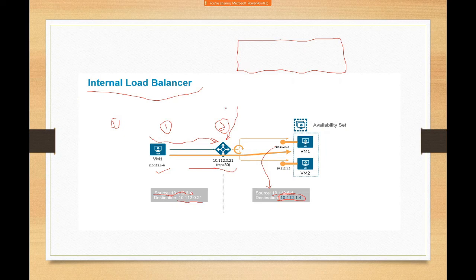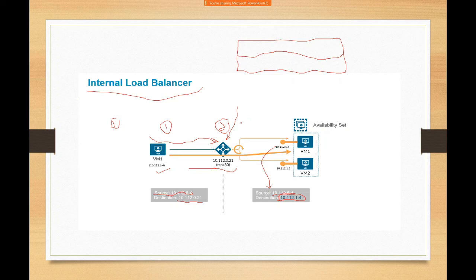In the third step, the load balancer will decide where to send, VM1 or VM2. This is my question: is the decision taken by the health probe that the load balancer shares with the virtual machines?